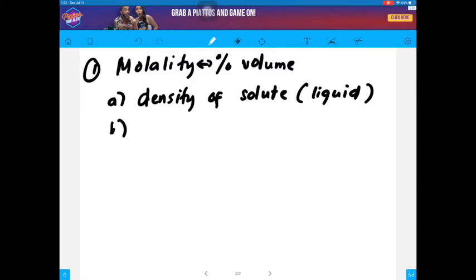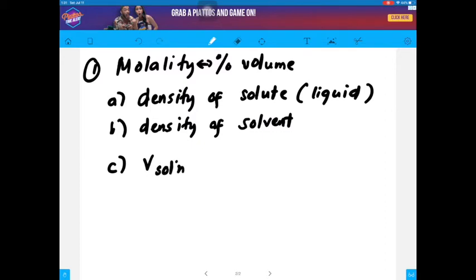Second is the density of the solvent. And the third one is the relation that the total volume of the solution is equal to the volume of the solute plus the volume of the solvent.